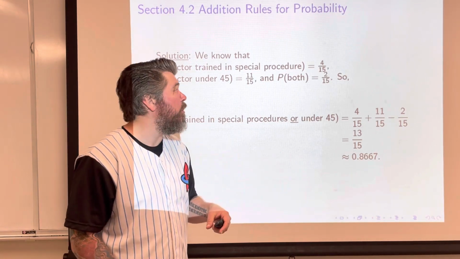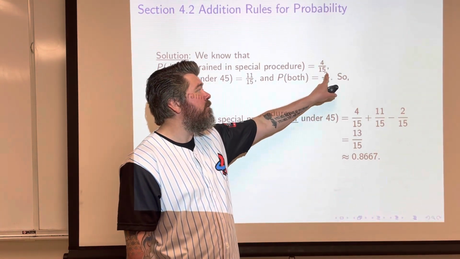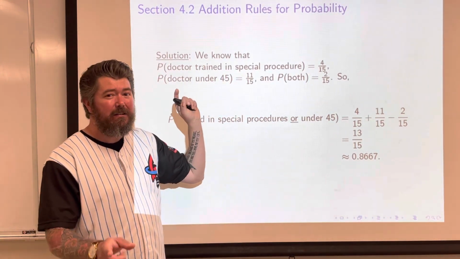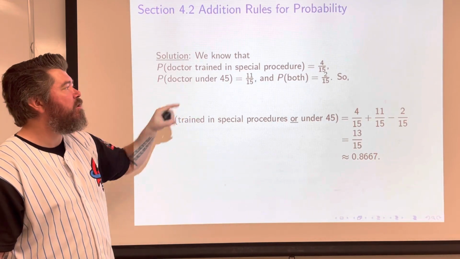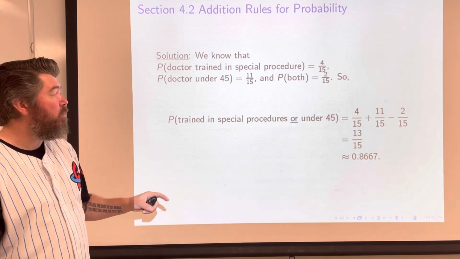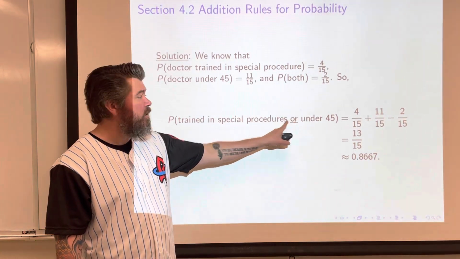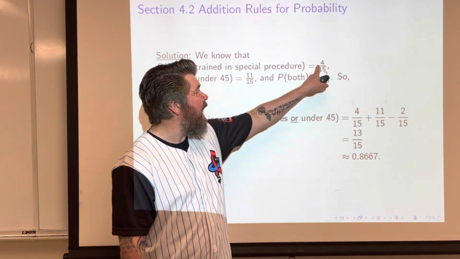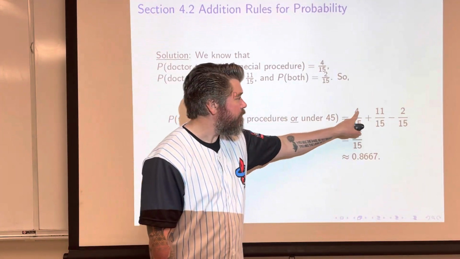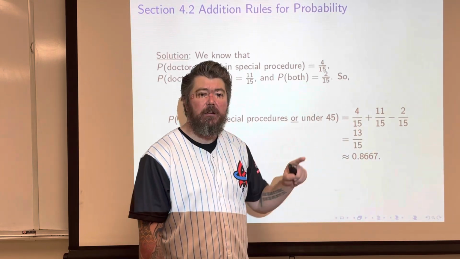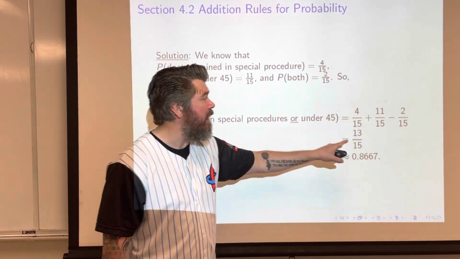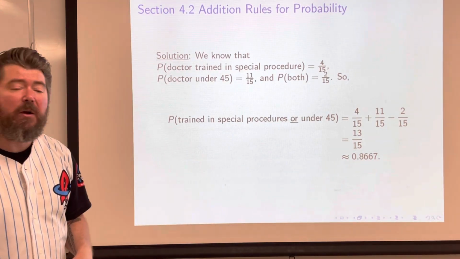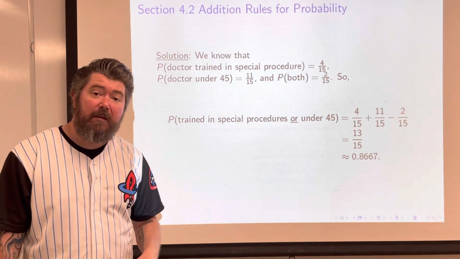We also were told in this problem that 2 of the doctors were both trained in special procedures and, there's my and statement, under the age of 45. So, the probability of my or statement, trained in special procedures or under 45, I add the first 2 probabilities, 4 out of 15 plus 11 out of 15, but then I subtract my and statement, 2 out of 15, and I get 13 over 15, or approximately 0.8667.